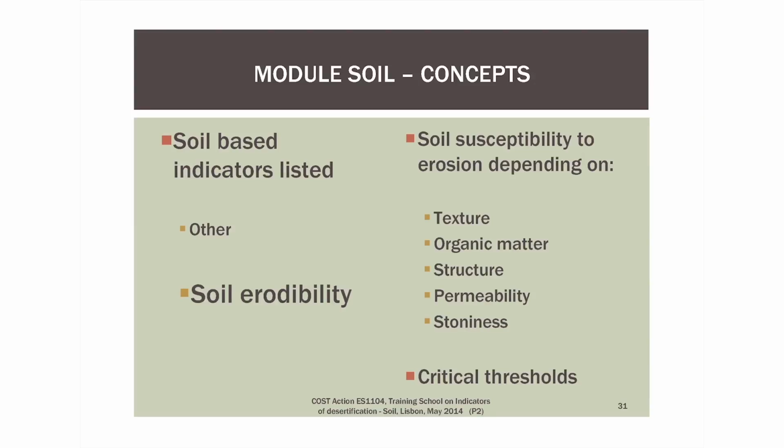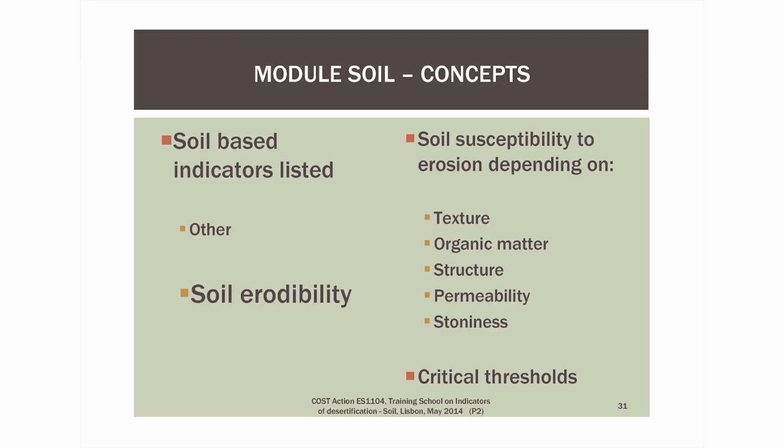The next is soil erodibility related to erosion protection, that is an indicator on the vegetation side in the UN list. Well, we talk about erodibility. It's a new word, I would say. Before the 50s or the 40s of the last century, it did not exist really.